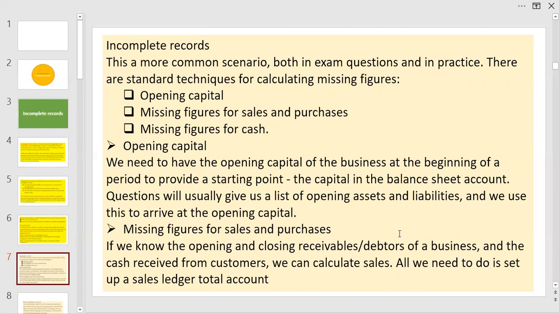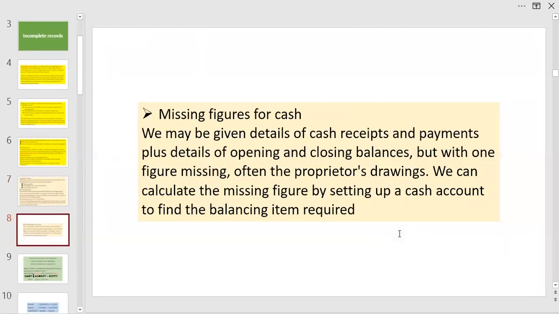Out of this, if 3 elements are known, the 4th one can be derived. Next, the missing figure for cash, where opening and closing balance are given along with receipts and payments. If it doesn't agree, it refers to cash withdrawal or drawings.